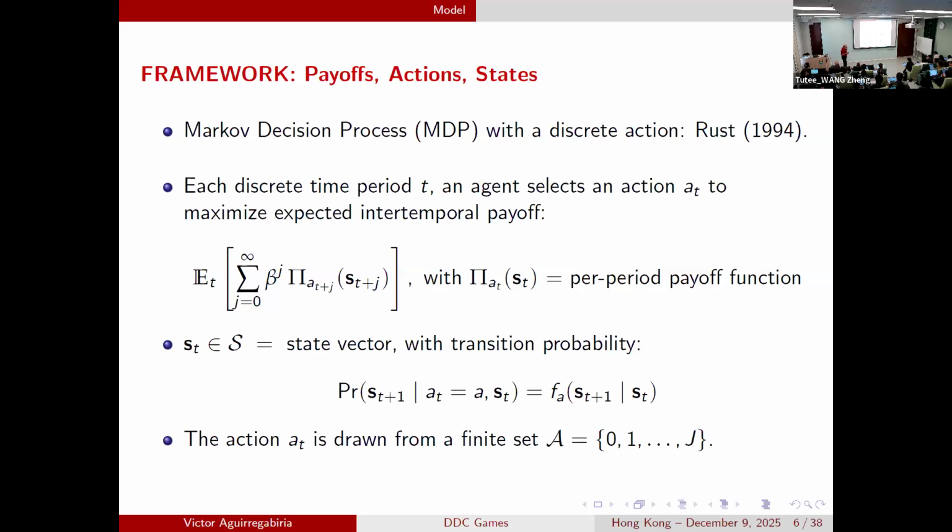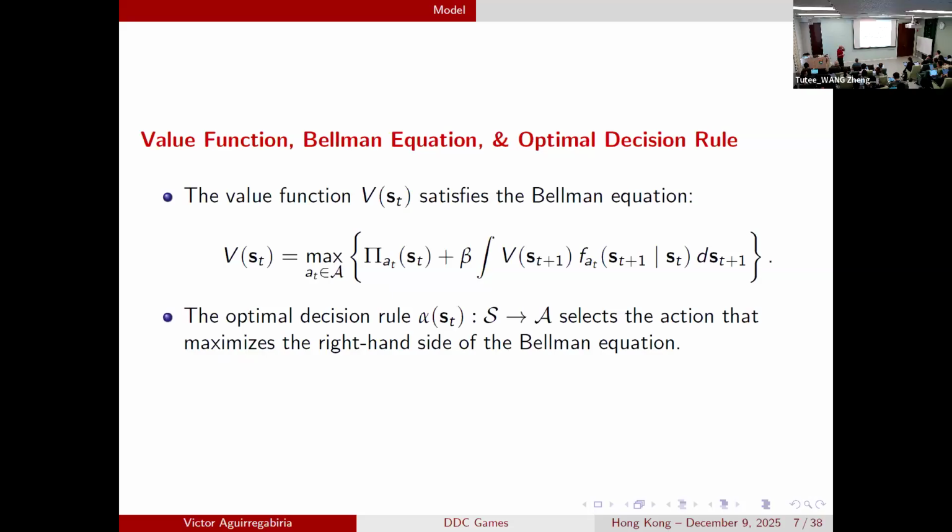And this pi is the per period payoff function. s is the vector of state variables that follows a controlled transition probability. With this transition rule, again, I'm going to use the action as a subindex to represent this transition. Then this is the Bellman equation, very standard stuff.